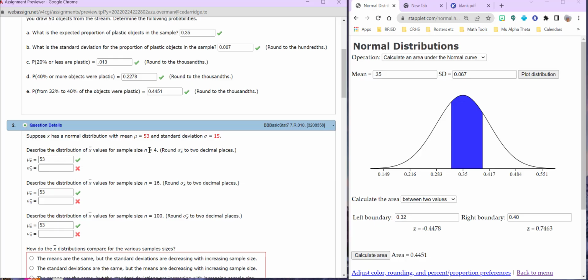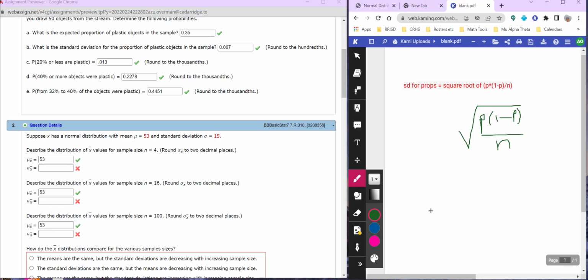Now we're going to do a sample size of n is 4. So what would happen to the standard deviation? Well, I'm basically using a new formula, which is for means. So the sigma of x bar for an average is basically your old sigma, so you see how it has a sigma there, divided by square root of n.